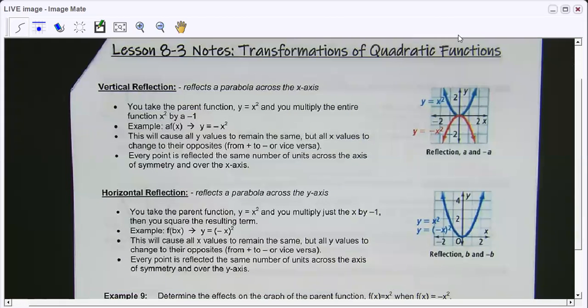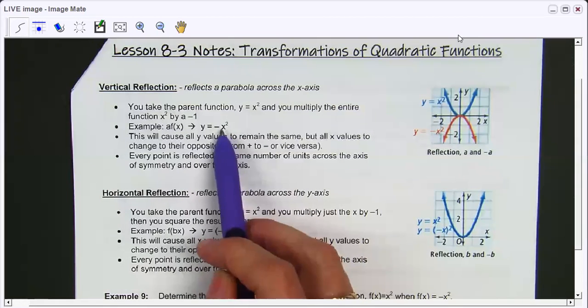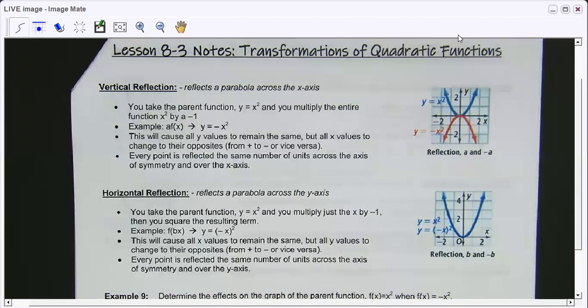We're now doing reflections. If you are reflecting a parabola, then your x squared will have a negative in front of it. That is basically all that it is.